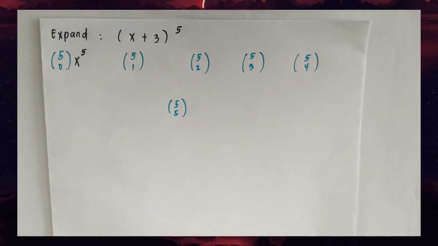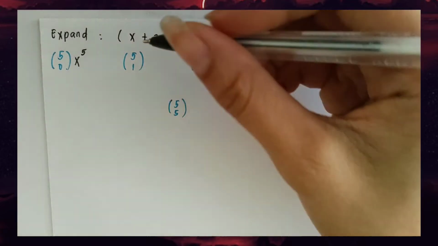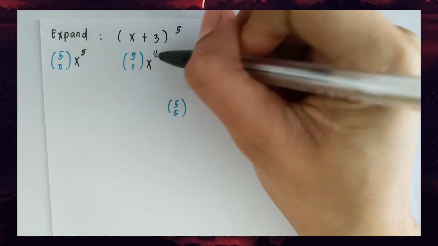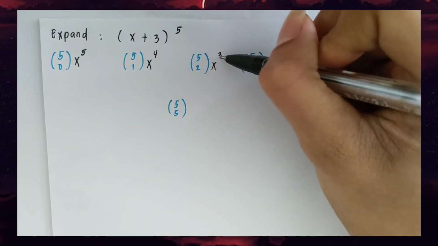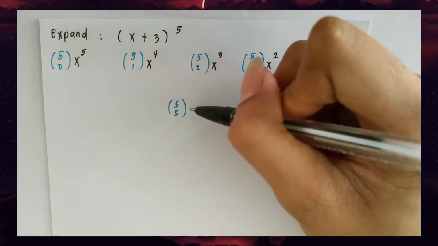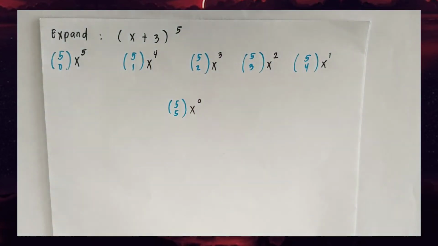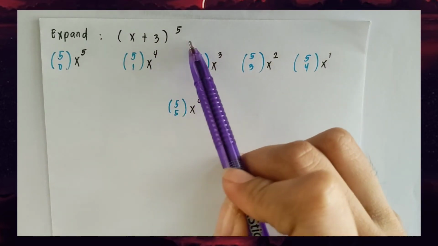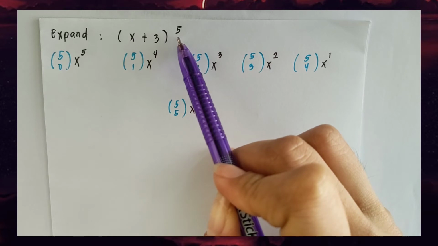In this case, class, you need to understand that the exponents of our first term decrease. So we start with 5, followed by x raised to 4, x raised to 3, x raised to 2, x raised to 1, x raised to 0.